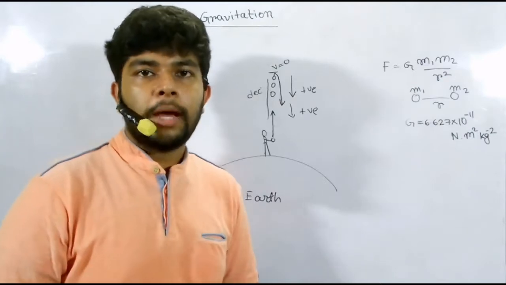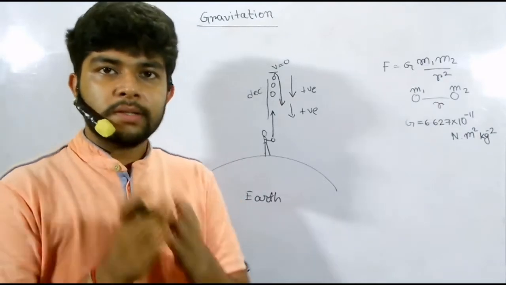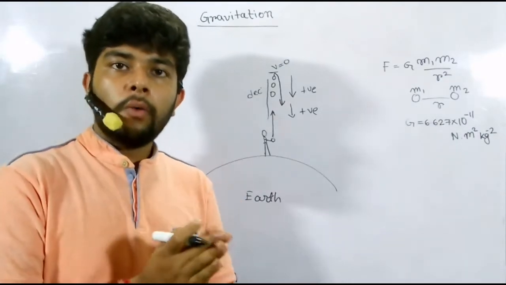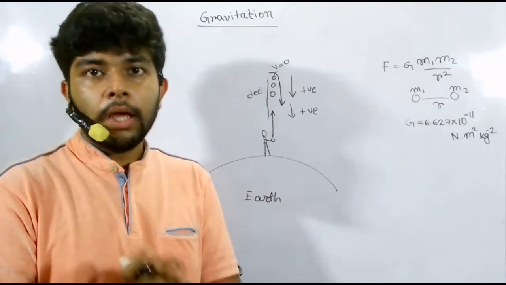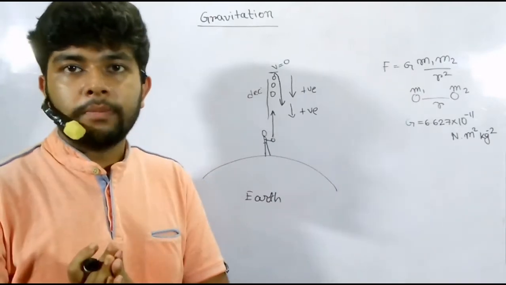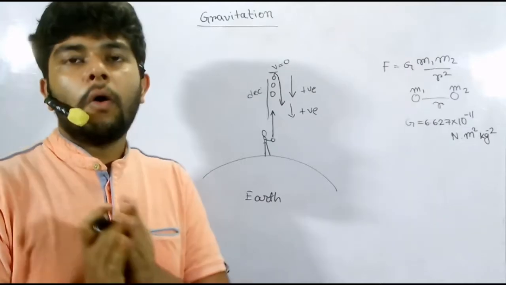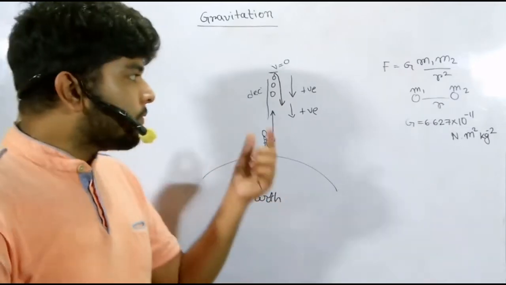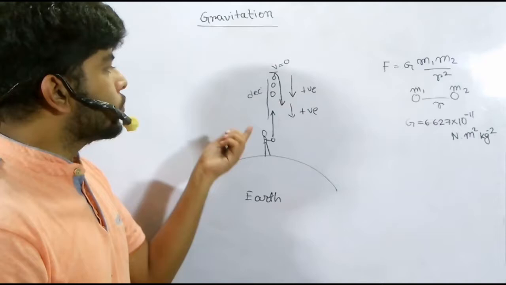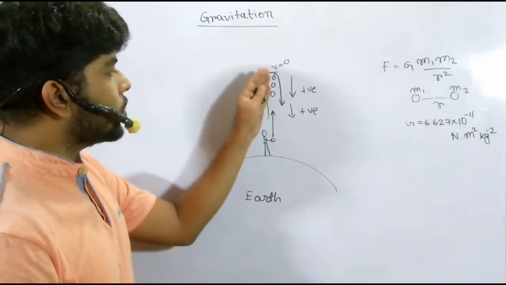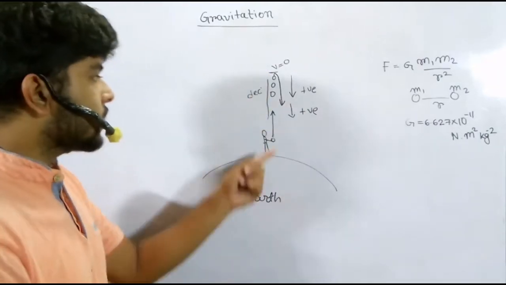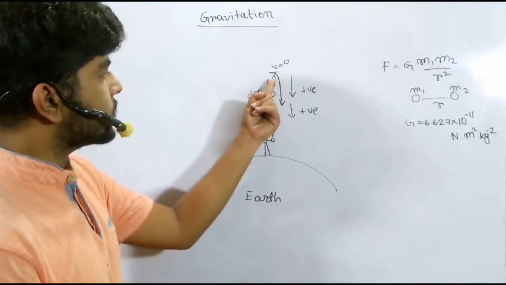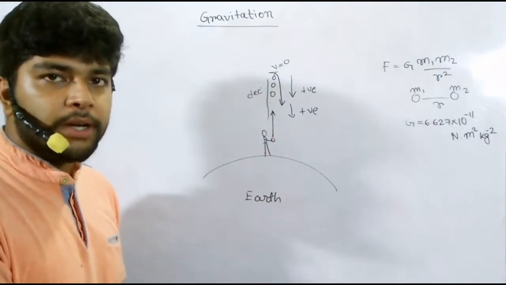As we learned at the start of the chapter, from Newton's law we know that a force is necessary to change the velocity of an object, either its direction or magnitude. So a force is obviously there to change the velocity in the whole journey of the ball. Here the velocity decreases, that means some negative acceleration is there.